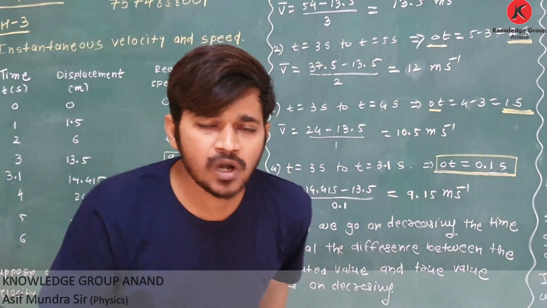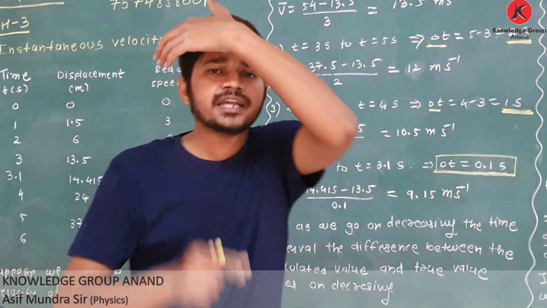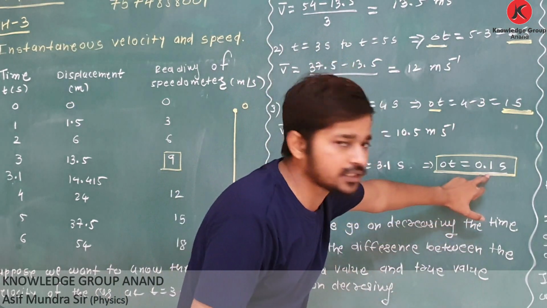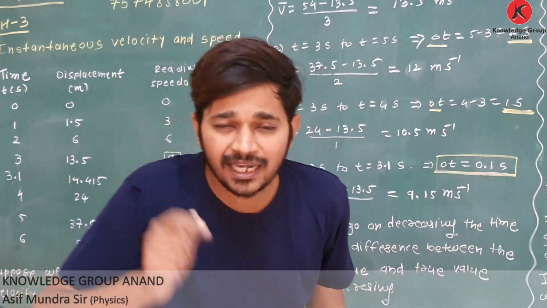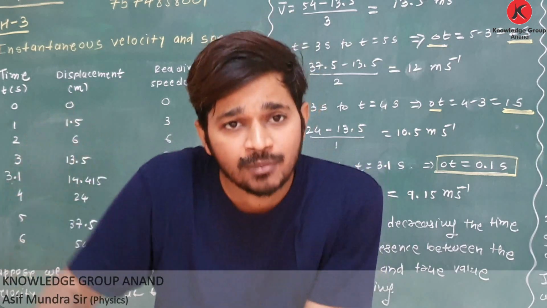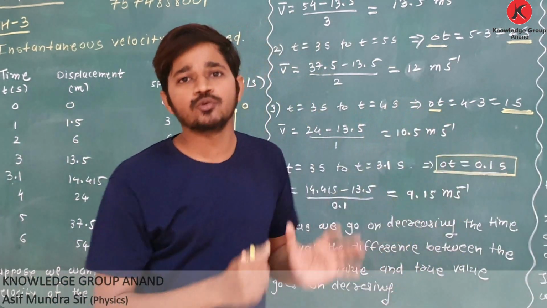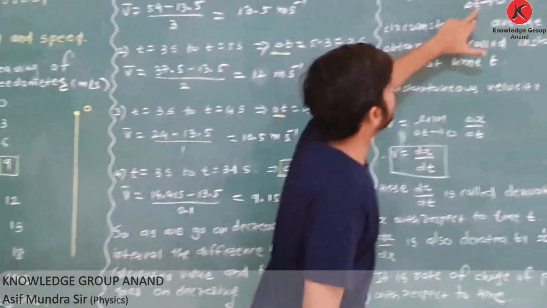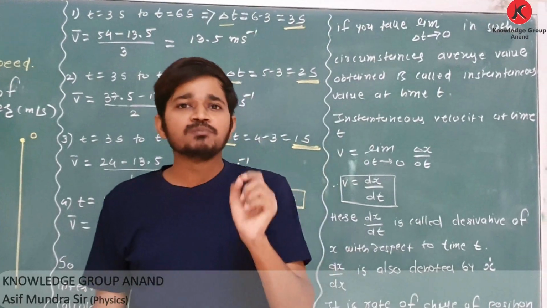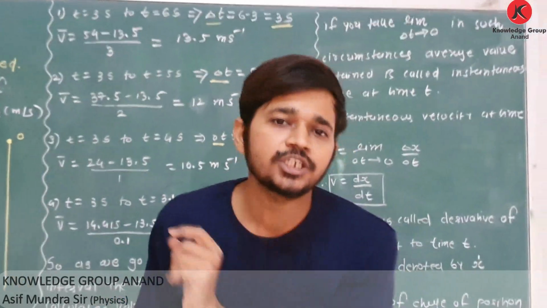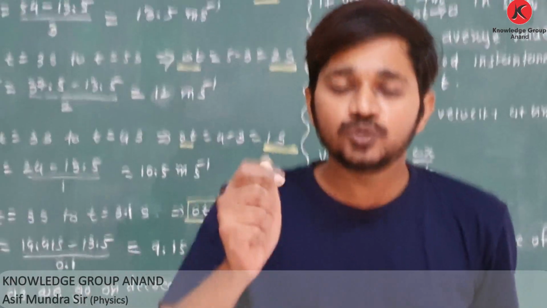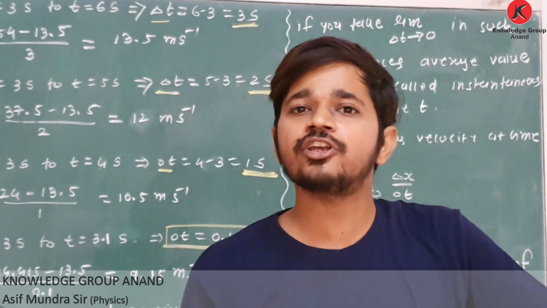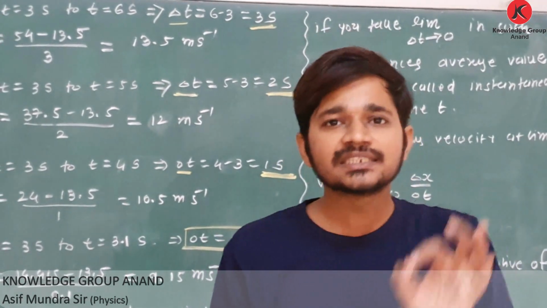So here, what is the conclusion? If we take the time interval very, very small, the average value calculated becomes the instantaneous value. Then how to define instantaneous velocity? If you take the limit delta t tends to 0, what is the meaning of delta t tends to 0? It means the time interval is near to 0, not 0.